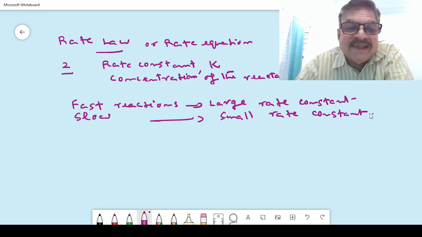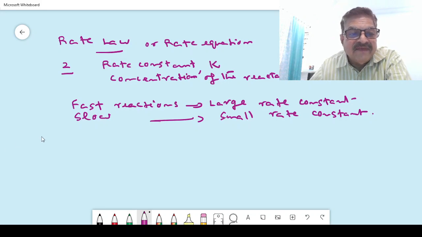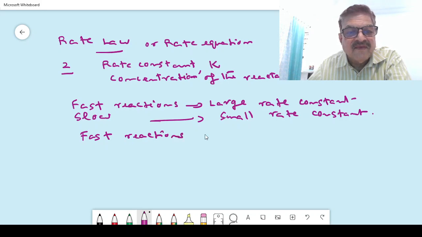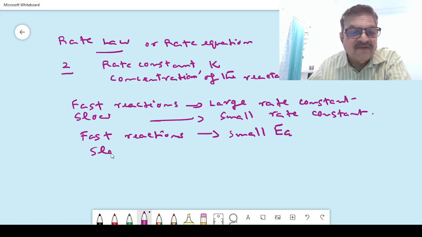It will be just the other way around. We have seen that the larger the EA, the slower the reaction. Fast reactions will have a small value of EA, the energy of activation, and slow reactions, a very high EA.